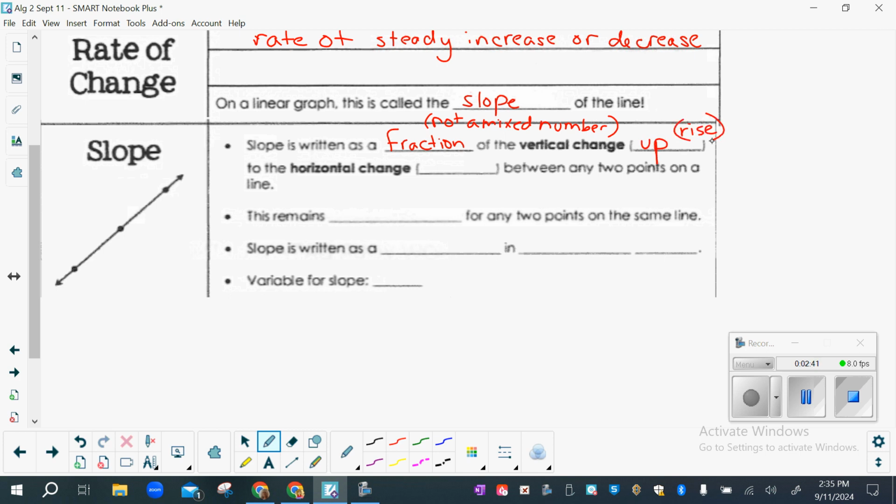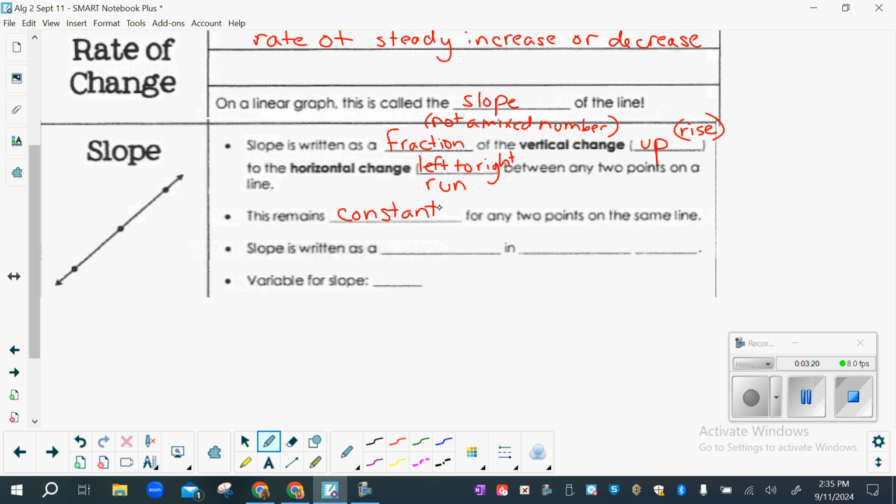And then horizontal is this direction, left to right, and that would be your run between any 2 points on the line. Is this going to change or remain the same? It's going to be the same. This remains the same, or constant, for any 2 points on the same line.